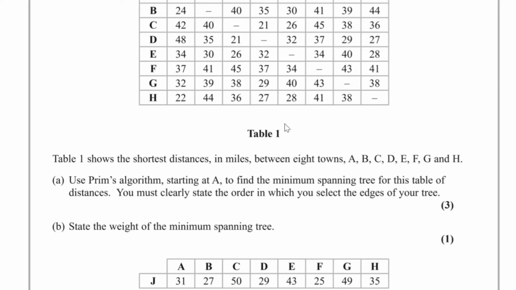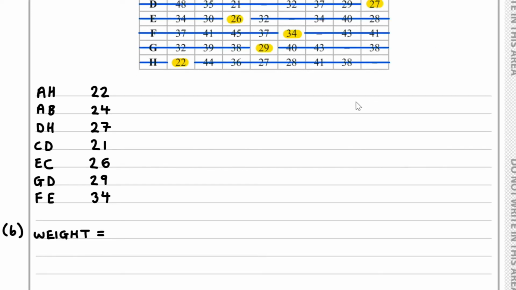For part B of the question, we have to state the weight of the minimum spanning tree. The weight of the minimum spanning tree, we have 22 plus 24 plus 27 plus 21 plus 26 plus 29 plus the 34.